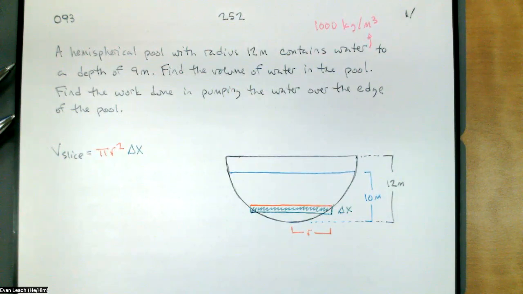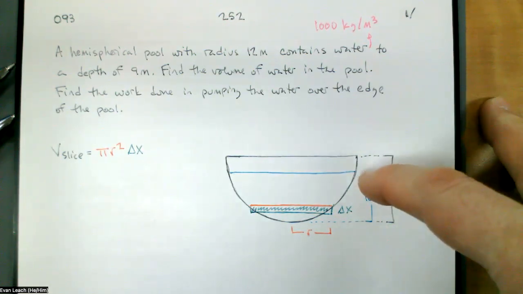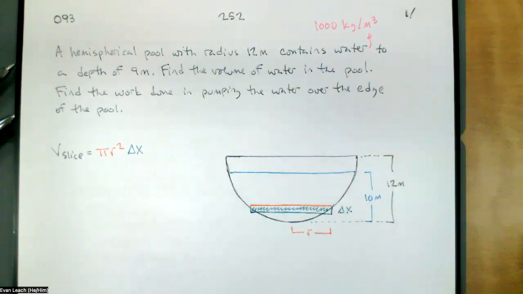But other things are variable. Work is equal to force times distance, but distance is also going to be variable for each part of this water. Note that at the very top of the water, this slice of water, the surface, only has to go 2 meters to get out of the pool.